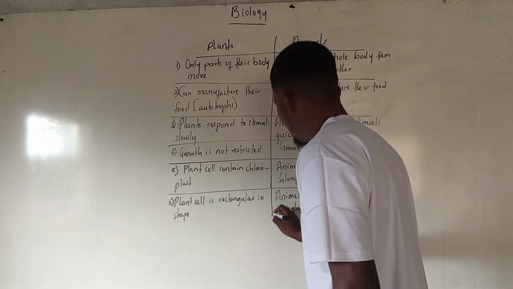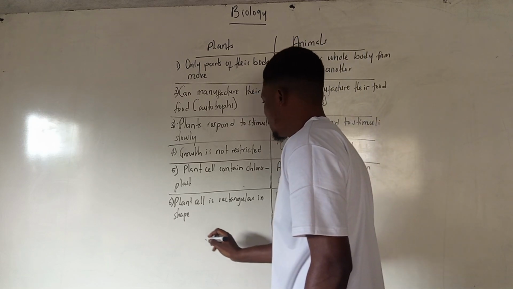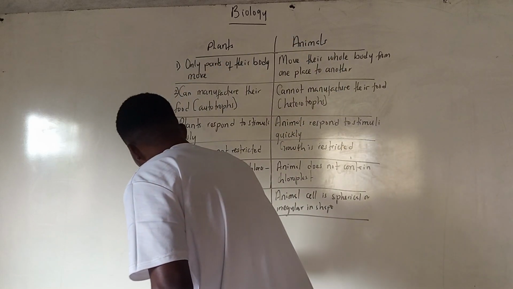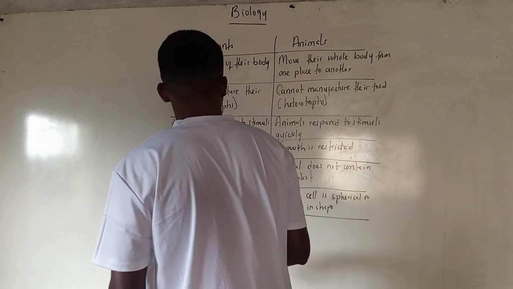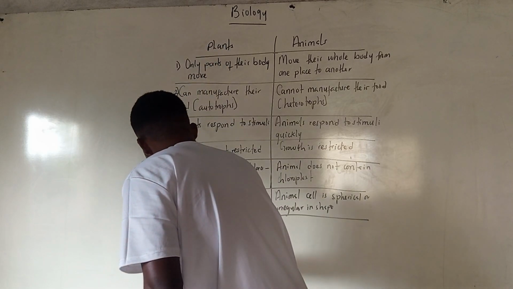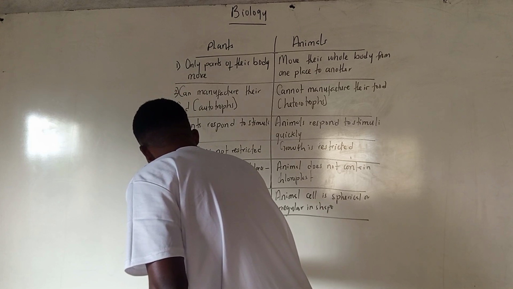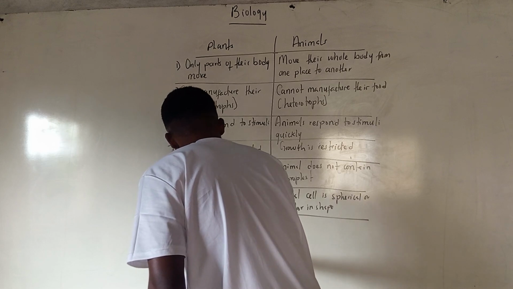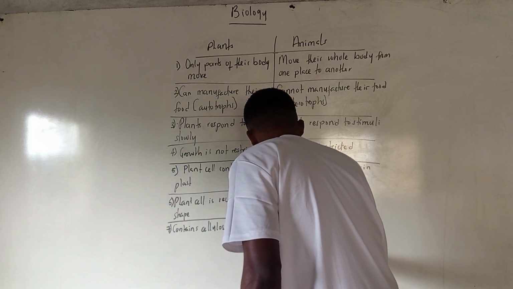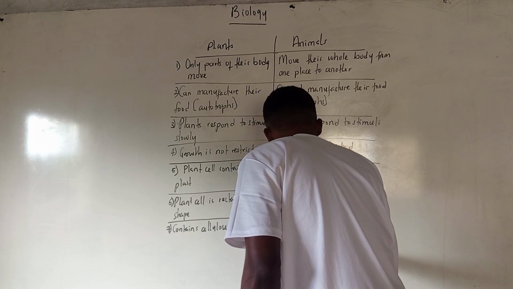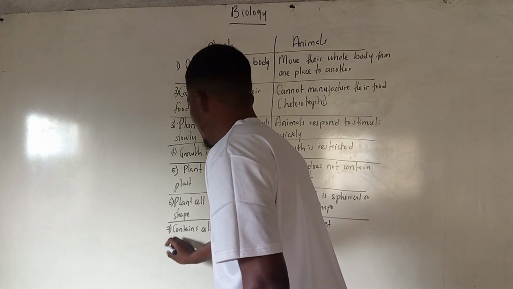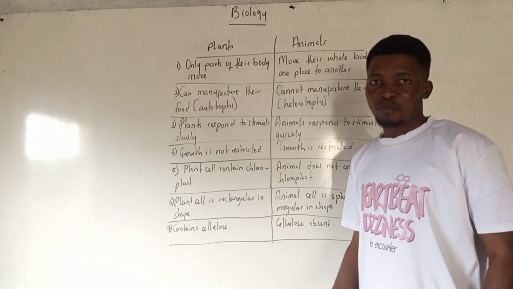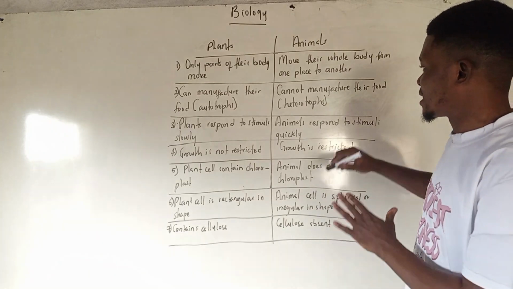So we can go ahead and write as many differences as we can. Okay, number 7, I can say contains cellulose. And here I say cellulose absent. So let's stop here. We have been able to write 7 differences between plants and animals.